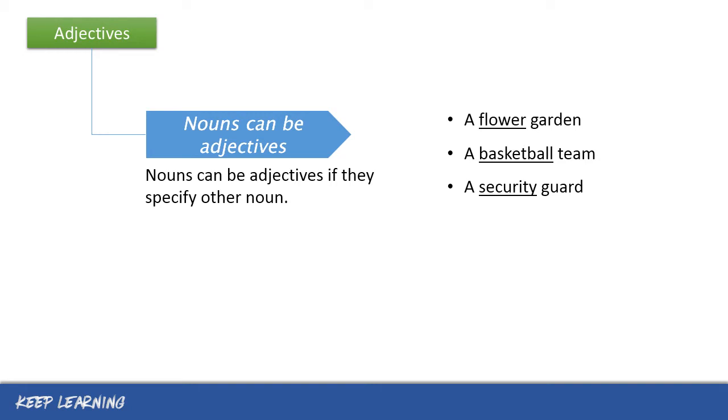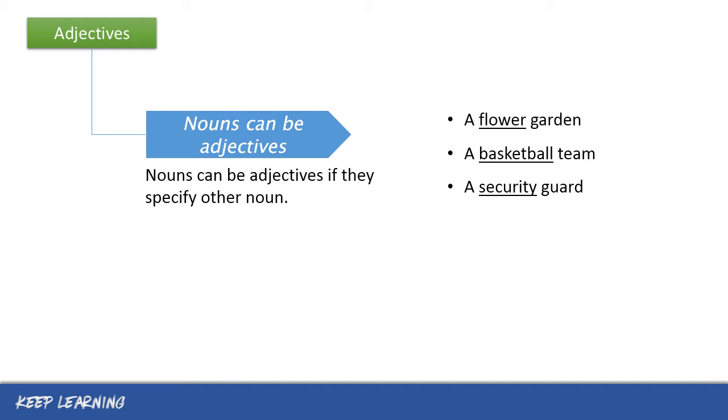In English, you say a flower garden. Equipo de baloncesto, a basketball team. Un guardia de seguridad, a security guard. This is an easy way to identify it. Cuaderno de notas, a notebook. That's what you do. So they can be adjectives, no problem with that.